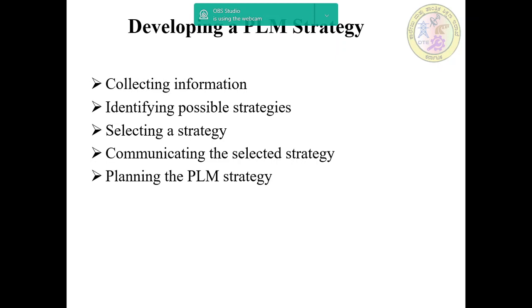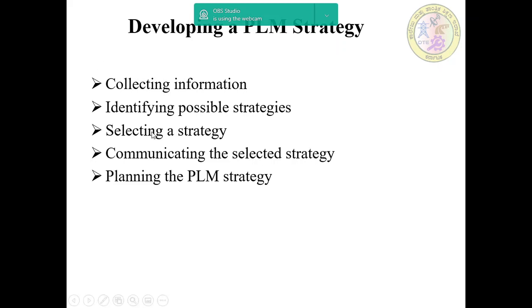The strategies chosen for PLM have to meet the objectives of the company, at the same time be clear and simple to avoid being complex and confusing for implementation, thereby leading to its failure.